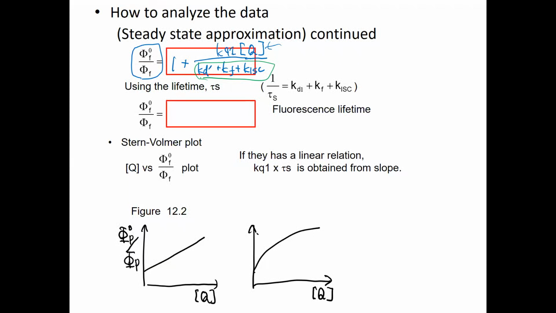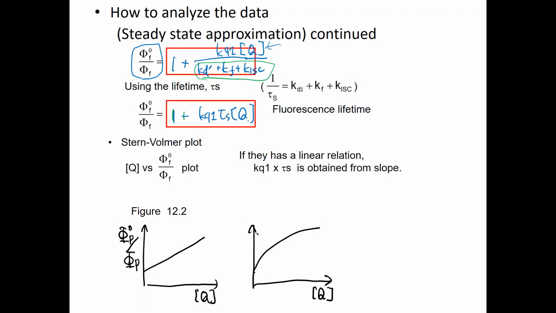So you can make this one as the lifetime of the S1 singlet state. And then it can be much simplified as 1 plus KQ1 tau S Q, right?